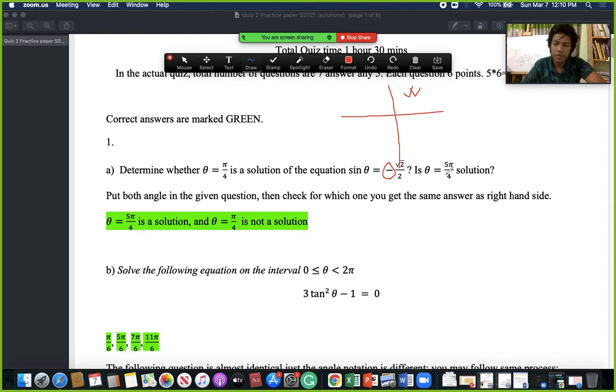And 5 pi by 4 is in this quadrant, and in this quadrant sine is negative, so it can be an answer, but we have to check it.